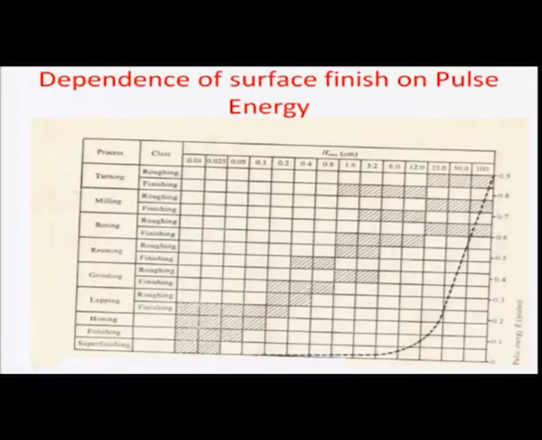So let us look now at the more dependable relationship between surface finish and pulse energy as illustrated in this figure, and you can see the spark energy on the right y axis in joules for the various operations like electrodischarge turning, electrodischarge milling, boring, reaming, grinding, lapping, honing, polishing, and superfinishing.